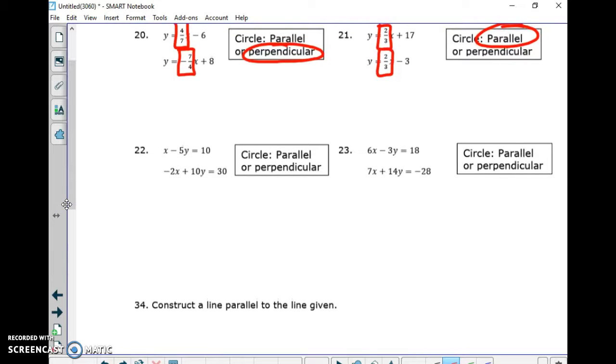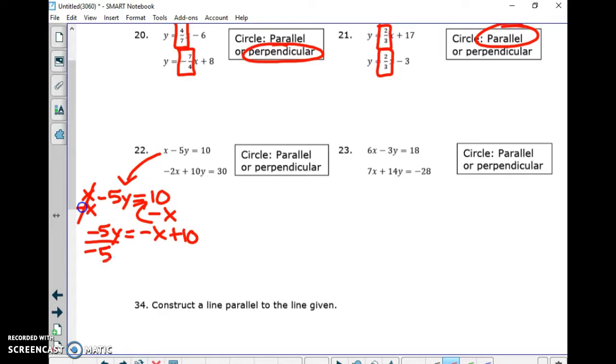You're going to have to solve for y, okay? I know that's not everyone's favorite thing to do, but let's do it. x minus 5y equals 10. You get rid of your x, minus x, put it in front. Negative 5y equals negative x plus 10.